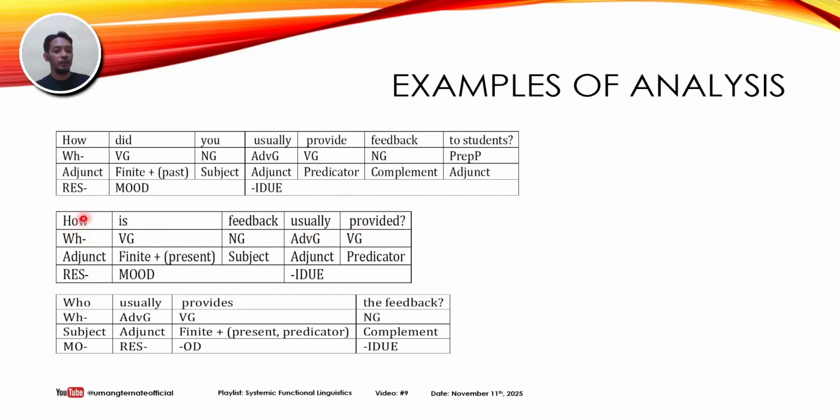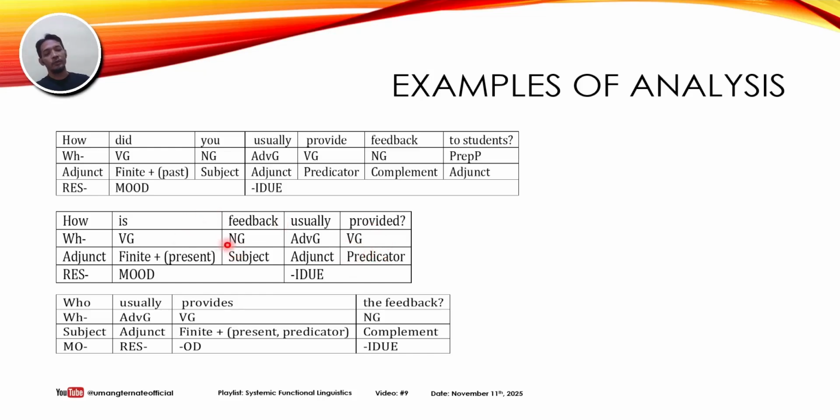Here, the WH word still functions as an adjunct, and therefore it becomes part of the residue block. Is feedback are the elements of the mood block. Okay, and the rest, the adjuncts and the predicators, are part of the residue block.